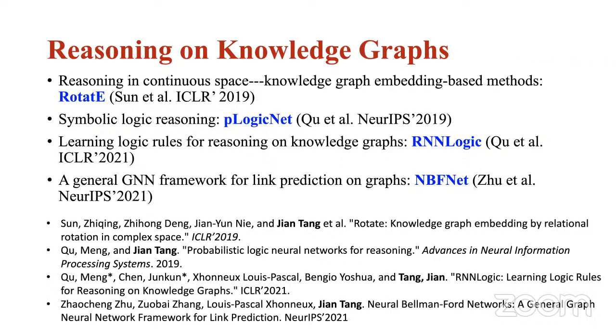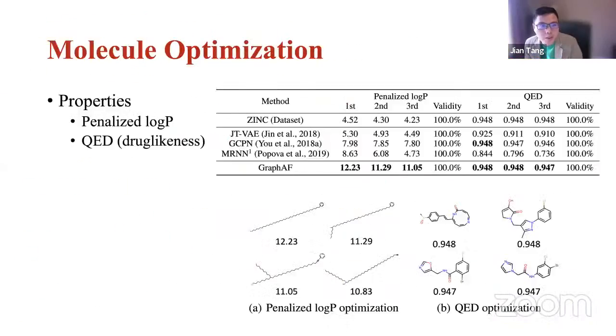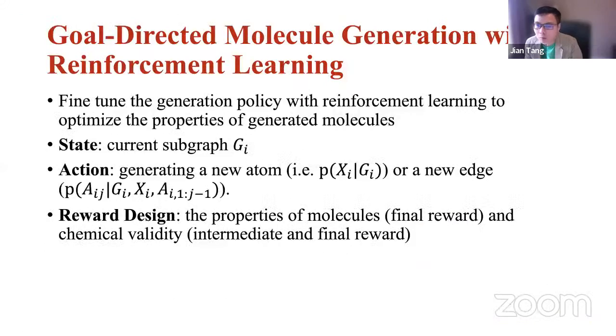I have a question. Can you have multi-objectives using your algorithm, your network? Yeah, this is basically related to how you want to design the rewards.